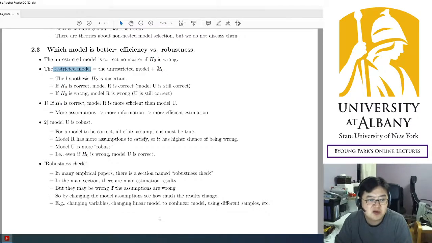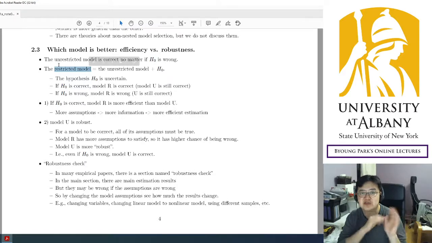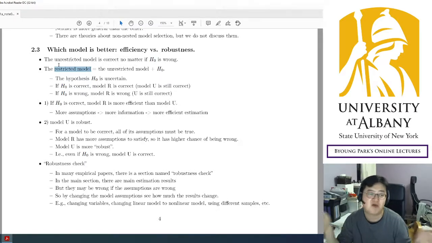However, the problem here is if the hypothesis was wrong, then the restricted model is wrong. If any of the assumptions is wrong, then the model is wrong. So the restricted model becomes wrong, and so then you have to use the unrestricted model.